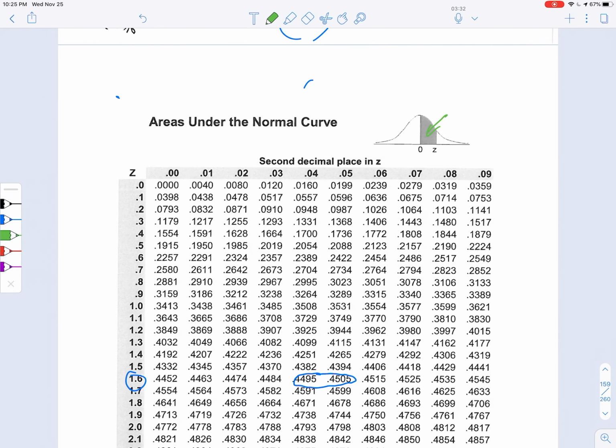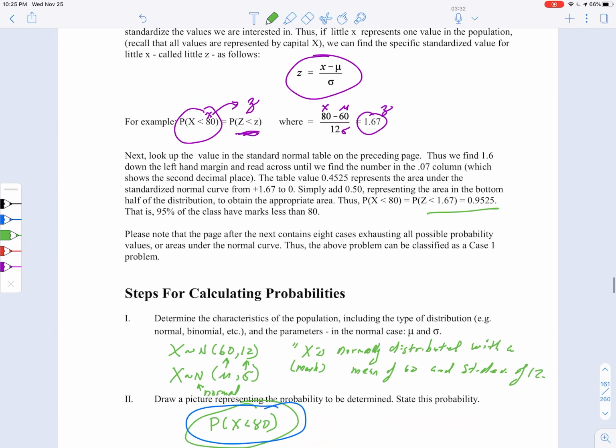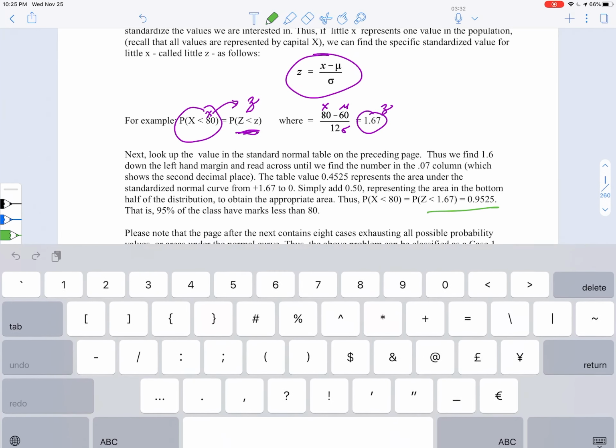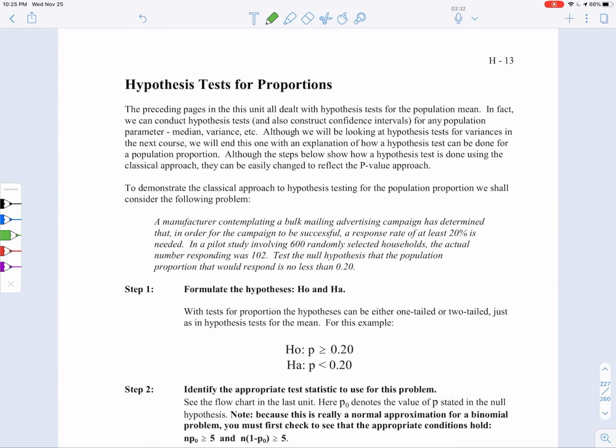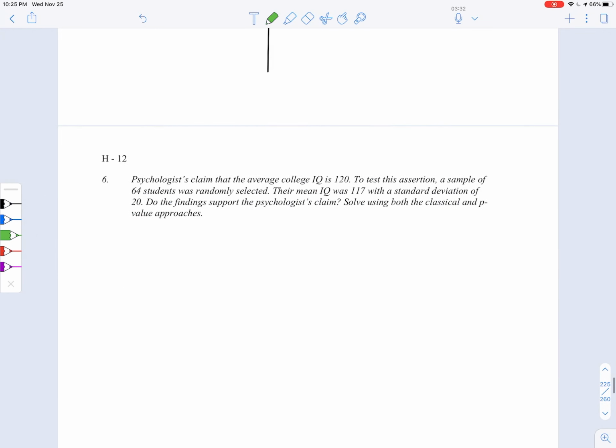So it's going to be less than 0.0002. So what we have here is that this is 0.4998. And so this here is going to be 0.0002. And that's our p-value. Let's go back to where we were.